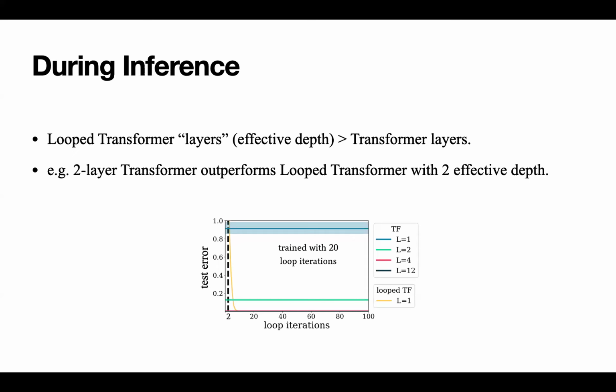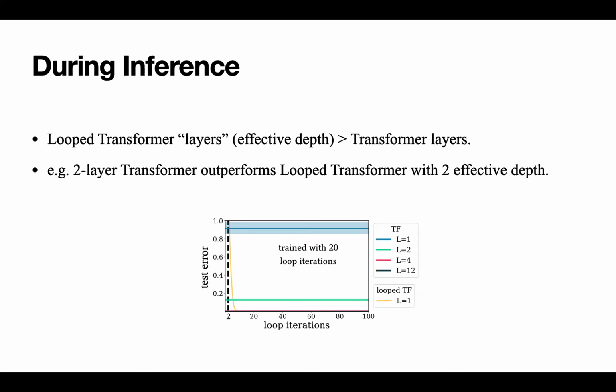And what is the performance if you use a transformer with different layers? Previously, we always talked about 12 layers, but if we have a 2-layer transformer, how does it perform? That is the green line over here. That is already doing a very decent job.